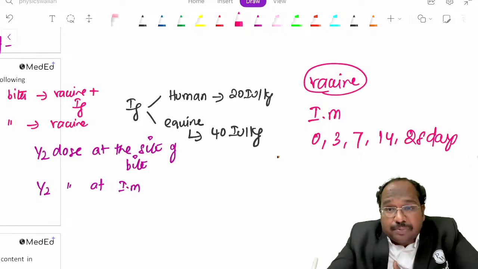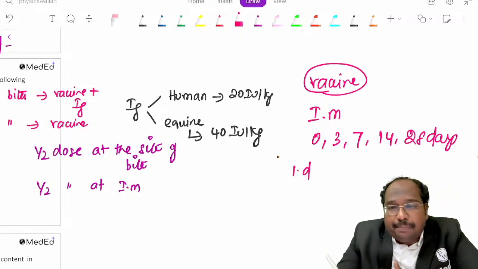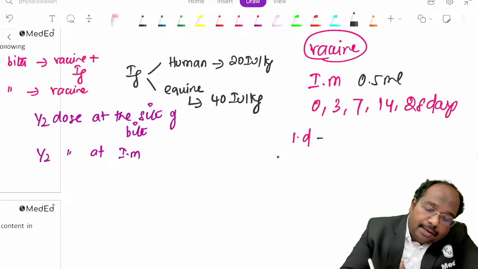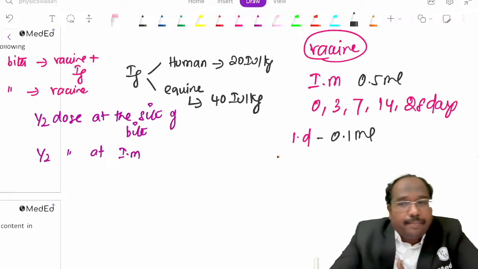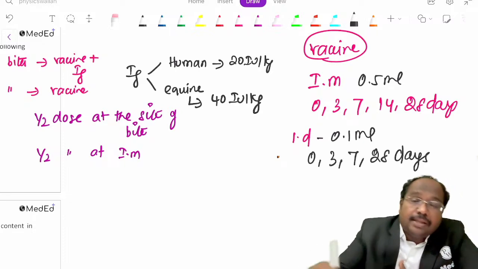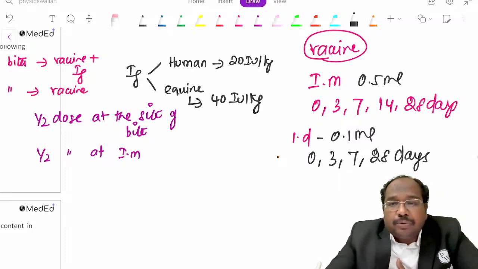If it is the intradermal regimen, that is the updated thigh regimen, intramuscular means 0.5 ml and intradermal means 0.1 ml, and it is given on 0, 3, 7 and 28 days. This is post exposure.